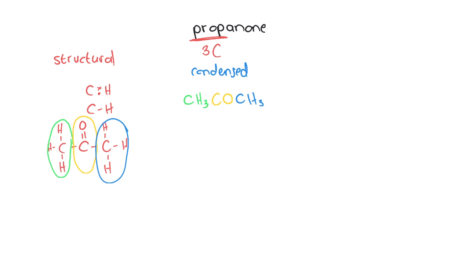And last but not least, we have our molecular formula, and this is the formula that you've been used to all throughout chemistry. This formula just tells you the number of each different atom there is in my molecule. So for example, I look at carbon first and I say there are 1, 2, 3 carbons.